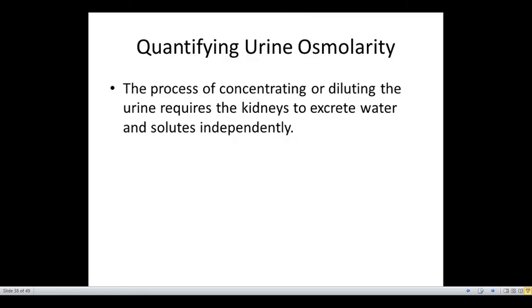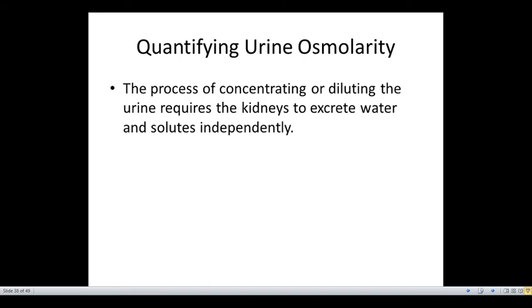The process of concentrating or diluting the urine requires the kidneys to excrete water and solutes independently. So this is very important to understand, that the kidneys excrete water and solutes absolutely independently, not dependent on each other.